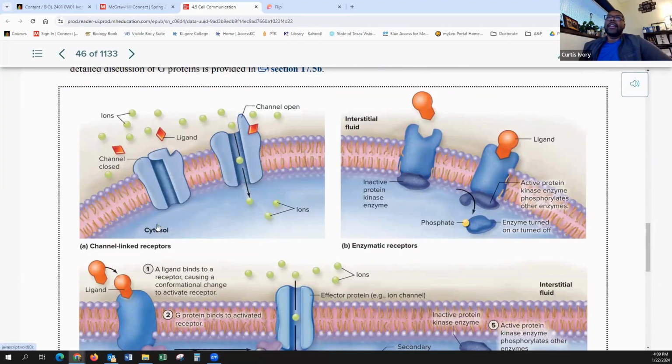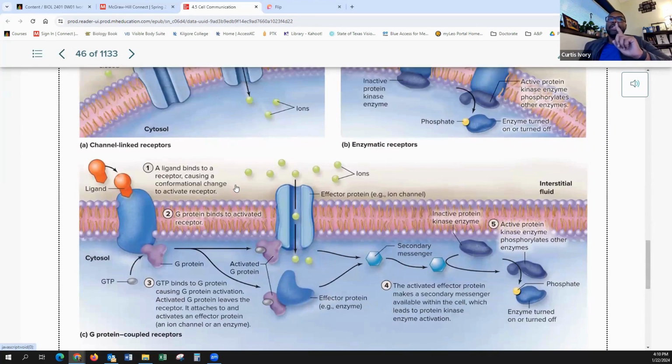So here in A down here, we have channel-linked receptors, which means a ligand has to bind, which is going to unlock the gate. We see here it hasn't bound yet, so the gate is locked. Once it binds to the channel, it's going to open up the gate to allow ions to pass through. With enzymes, we have a ligand that binds, which allows the enzyme to be turned on or off by the phosphate ion.